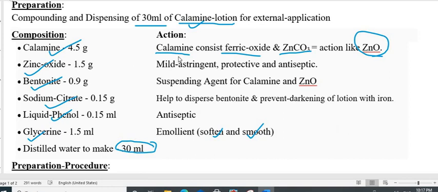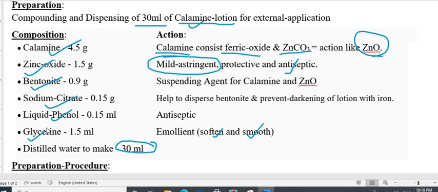Zinc oxide is going to precipitate the surface protein. This is called astringent, meaning calamine also has an astringent action. Astringents are agents which precipitate the protein, and it helps to dry the part where you are applying. This is the main action of zinc oxide, in addition to antiseptic.